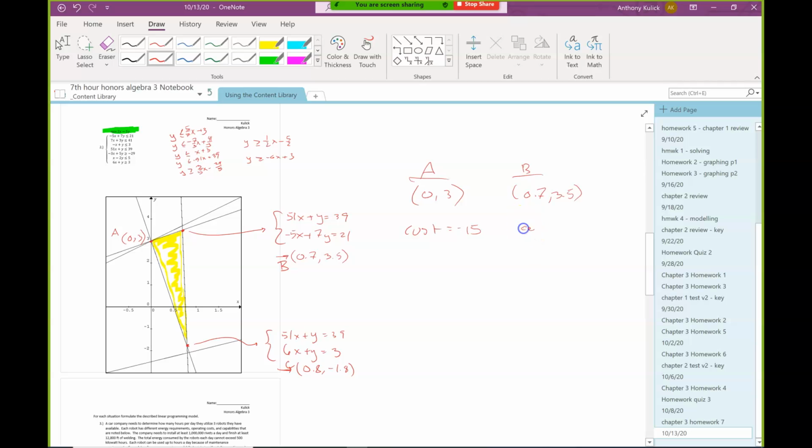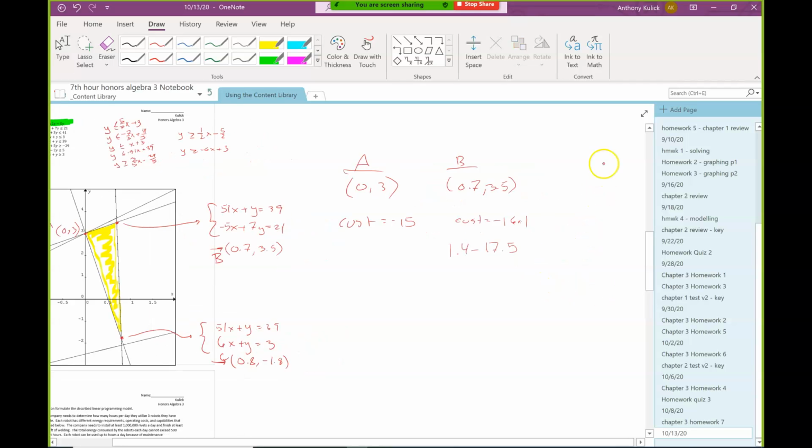So that's going to be 1.4 minus 17.5, so that's going to be negative 15.6, is that right? No. 1.4 minus 17.5 should be negative 16.1. So I had too many numbers floating around in my head there.